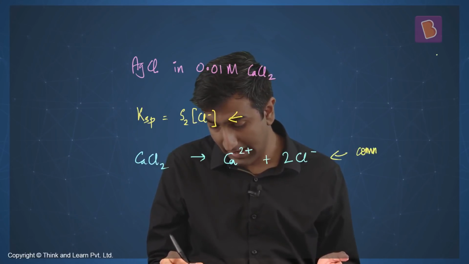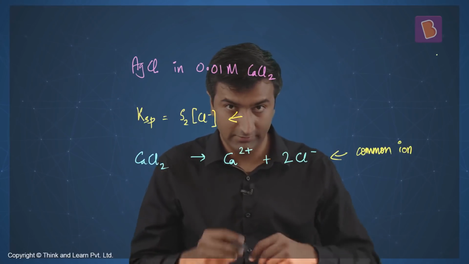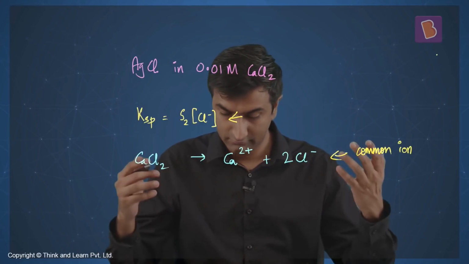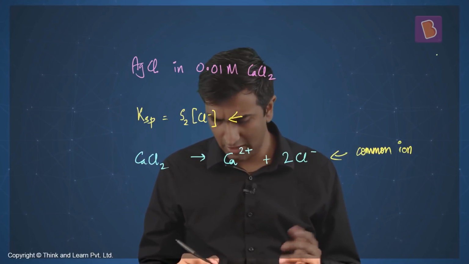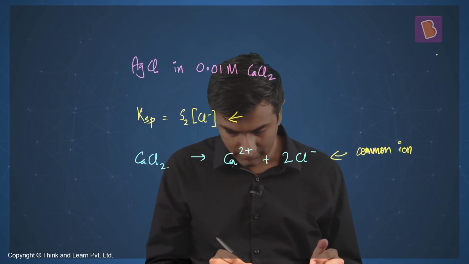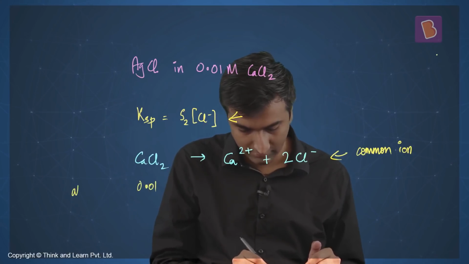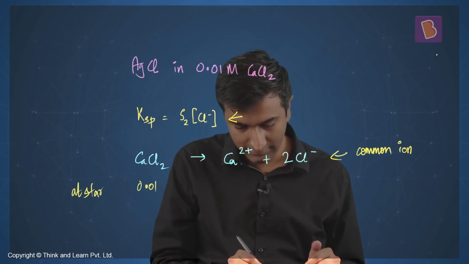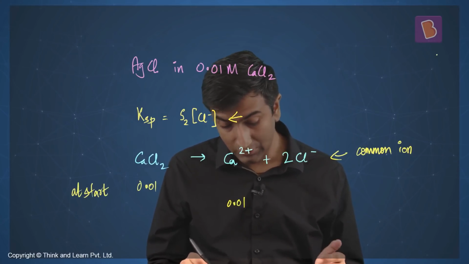And because this is a salt that is not sparingly soluble, it dissociates completely, and all of it is available to fit into this equilibrium. And how much of it do I get? I have 0.01 of this to start off with. Once dissociation happens, this gets used up completely, and I have 0.01 of this and twice of that.